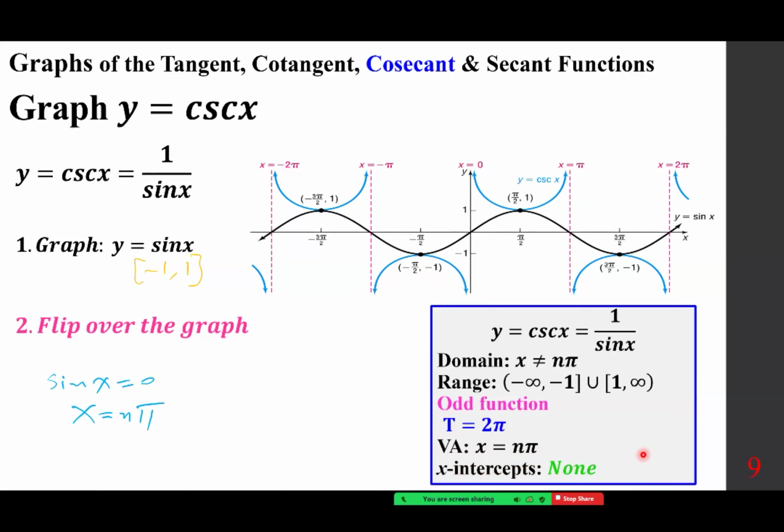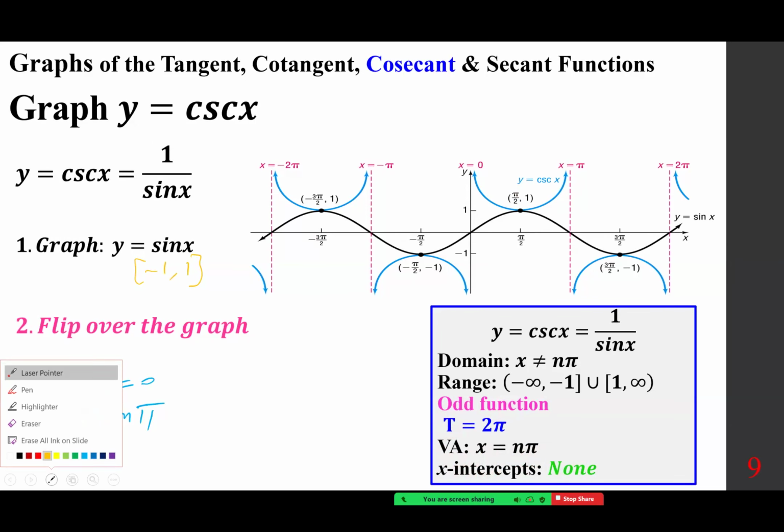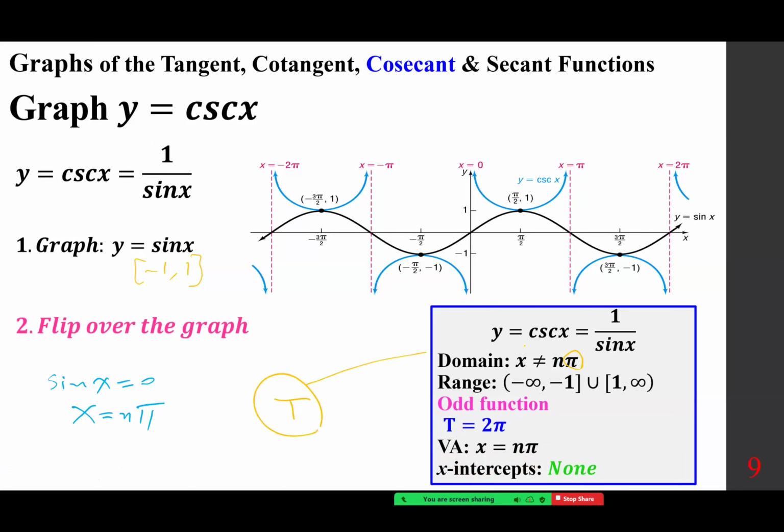Now, if the period changes, all you have to do, if you come up with a new T, is replace this pi with whatever the new period is. So if you are looking to find the vertical asymptote, replace this pi with the new period. And the domain, where you want to exclude that, again, replace that.